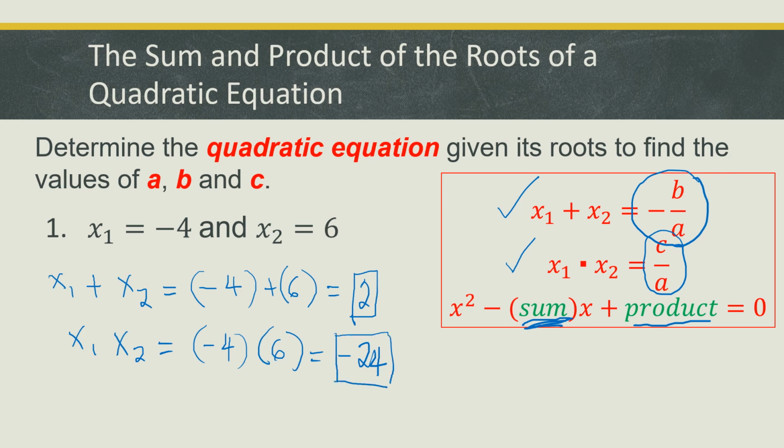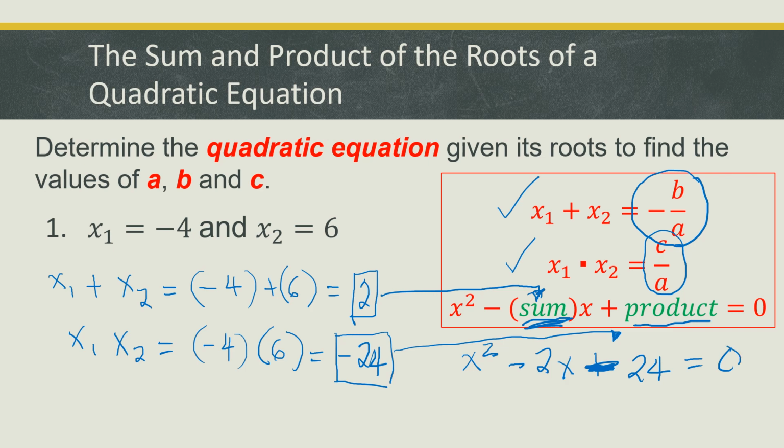And we now use it, the sum on the middle term and the product on the last term. That the quadratic equation is x squared minus 2x for the sum plus the product of negative 24, or simply minus 24, is equal to 0.